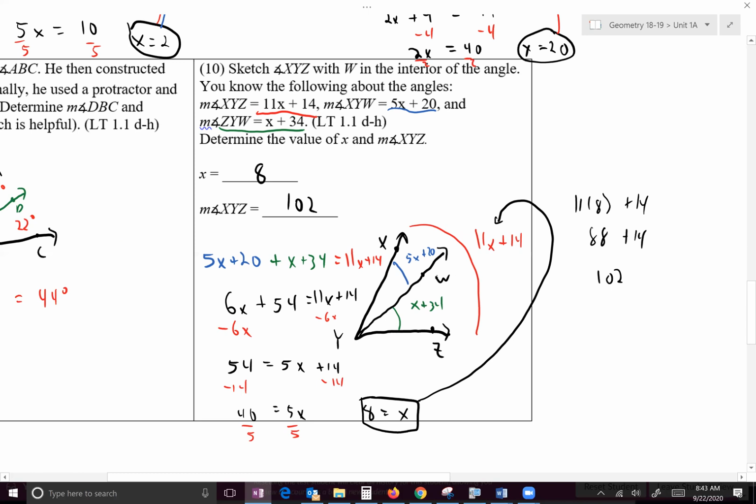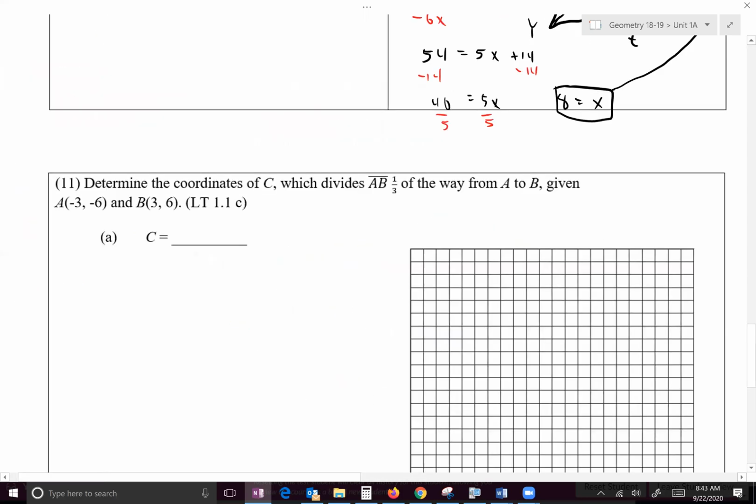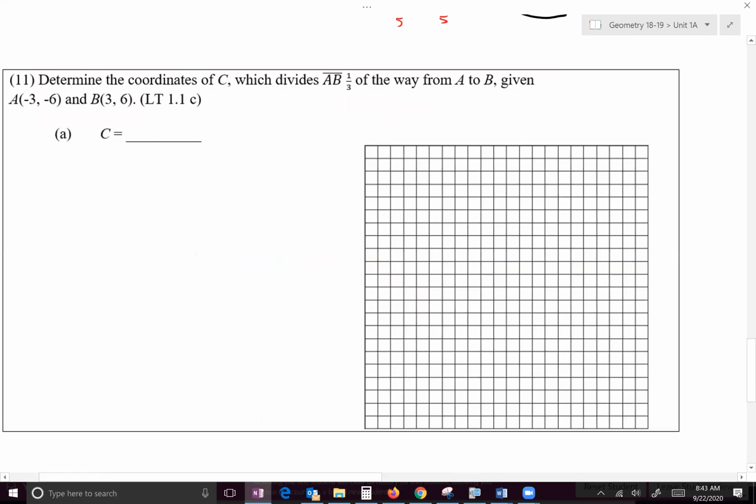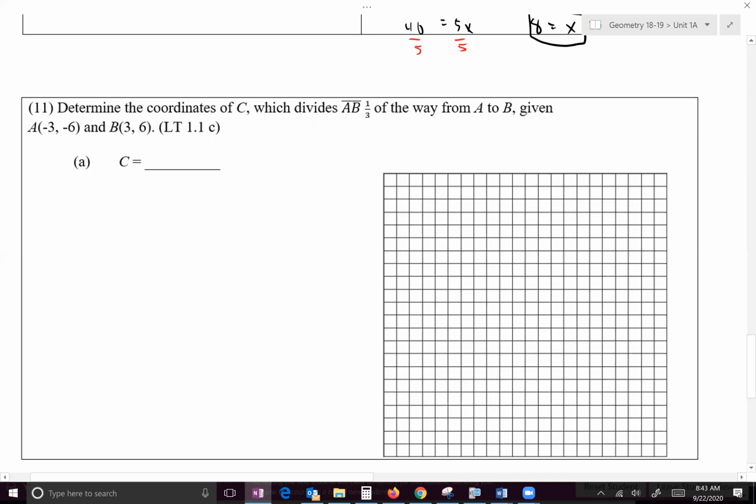Make sure that everything added up to 102, but we're running out of time here. I want to get at least question number 11 done. I may not get to number 12, but it's just like number 11. Okay. Coordinates. So we got to very quickly here put a grid down.